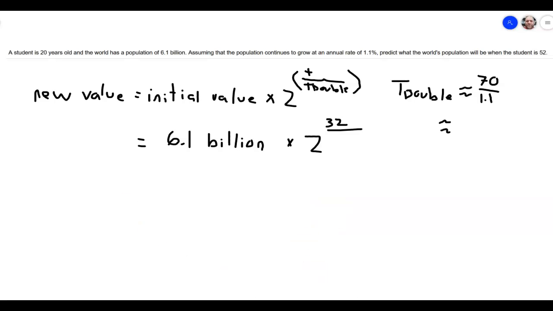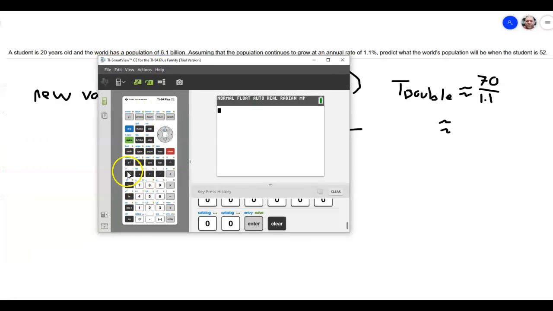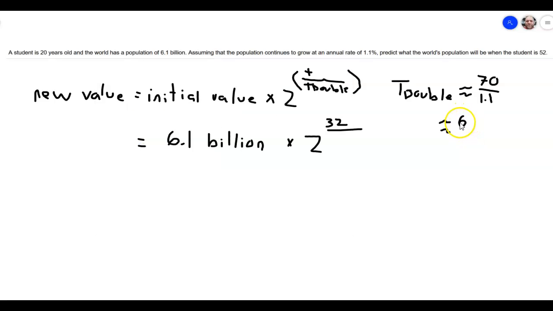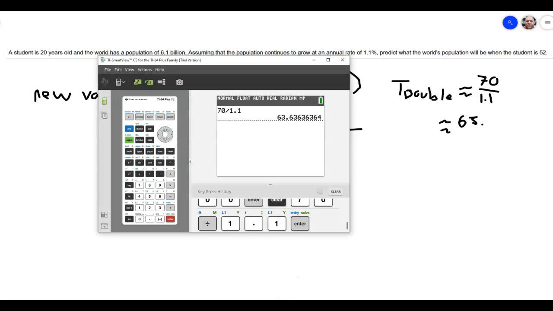So let's pull up the calculator. 70 divided by 1.1 is 63 point something. Remember, while we're still working on a problem, we want to keep a lot of decimal places.